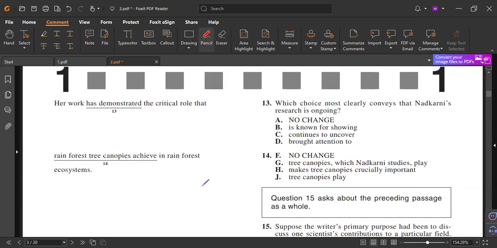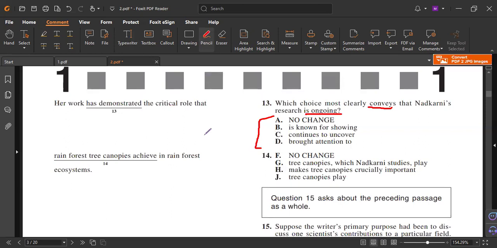Number 13, one of the questions in your test will ask you for a specific task in the question. We need a specific target in the question, not from your mind. Which choice most clearly conveys, communicates, explains, emphasizes what? That Carney's research is ongoing. We need an answer to say it's still happening. It's current.